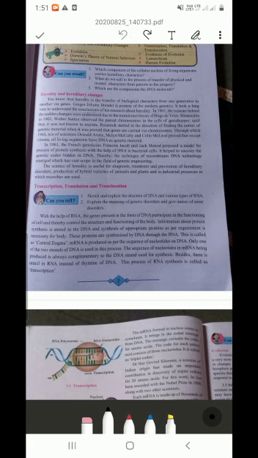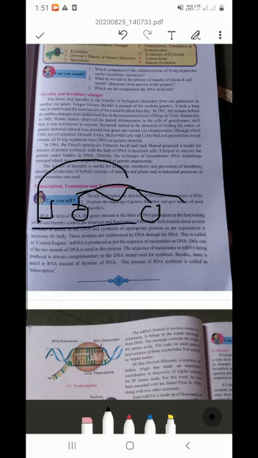Now transcription, translation, and translocation. With the help of RNA, the genes present in the form of DNA participate in the functioning of the cell, thereby controlling the structure and functioning of the body. So RNA participates with DNA. See, DNA and RNA both participate in the control of structure and functioning of the body.